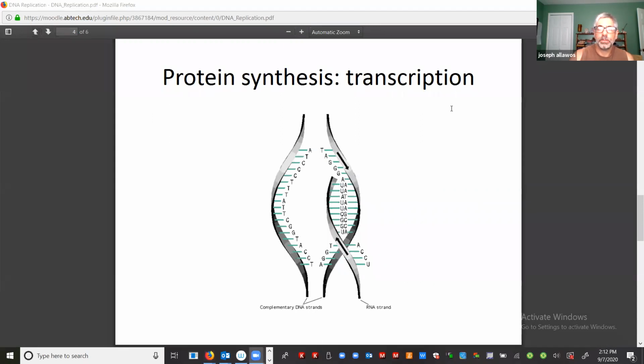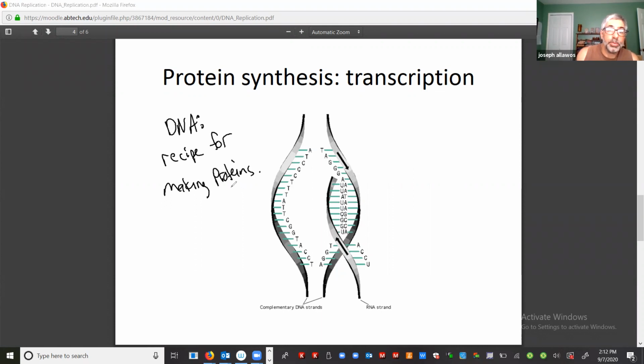So protein synthesis involves making a protein, and the primary structure of a protein anyway, out of amino acids, right? And here's the thing, the DNA, believe it or not, is a recipe for making proteins.